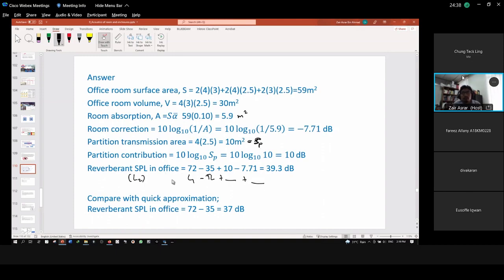And if we do a quick approximation, using just the transmission loss for the partition, L2 will be equal to L1, 72, minus 35, which is equal to 67 dB. So the value of the quick approximation is about the same as the calculation using this equation, which considers the contribution from the partition as well as the absorption within the room.